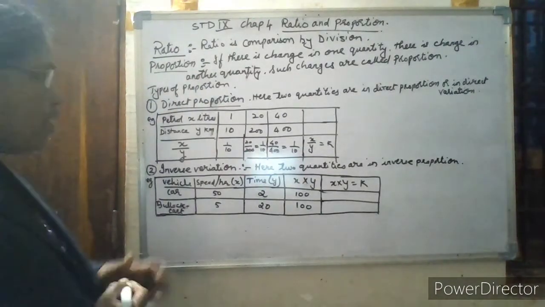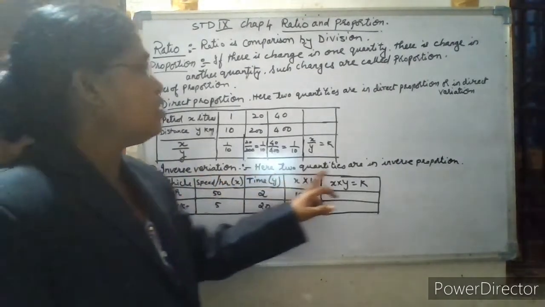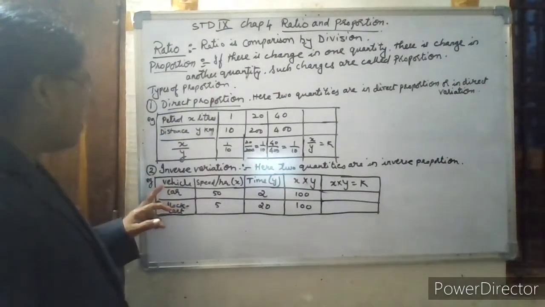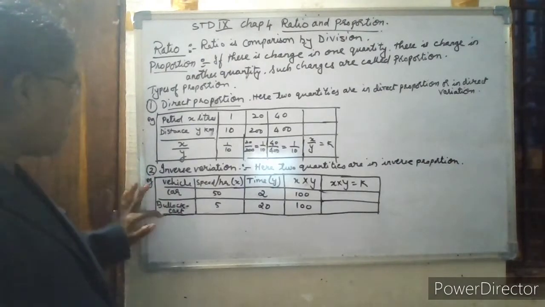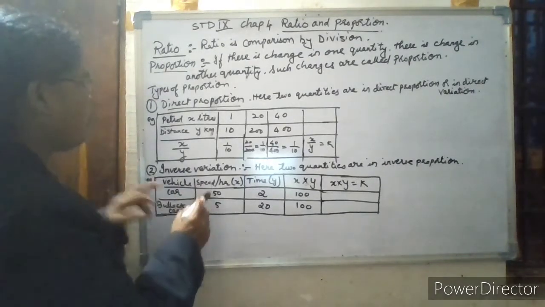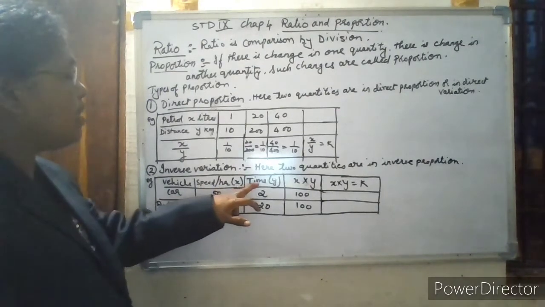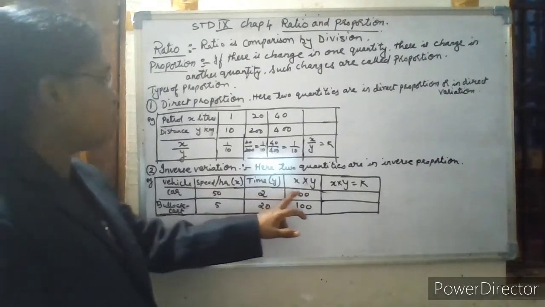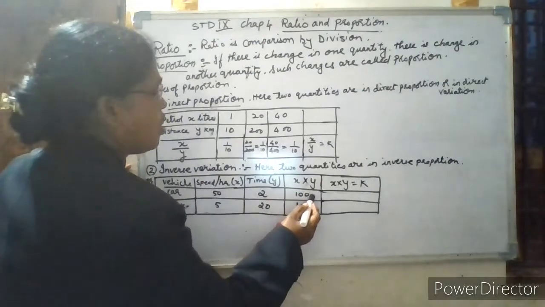Now inverse variation. Come to the next type of proportion, that is, two quantities are in inverse proportion. Here see the example, types of vehicles given, car and bullock cart. Speed and time is given. If the speed of the car is 50 kilometers per hour and it runs for 2 hours, then the distance covered is 50 into 2, that is equal to 100 kilometers.